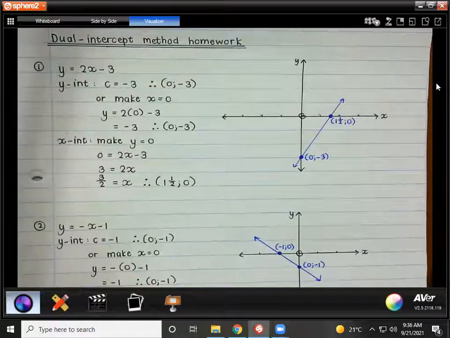For the x-intercept, you don't have to write it as 1.5. You can write either 3 over 2 or 1.5. Are you guys struggling with the fact that 3 over 2 is the same as 1.5?